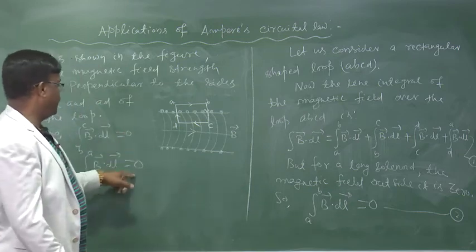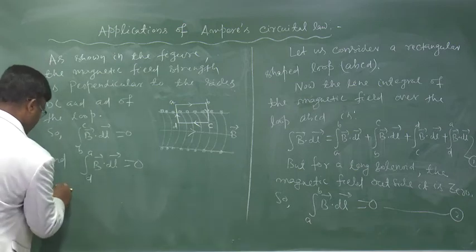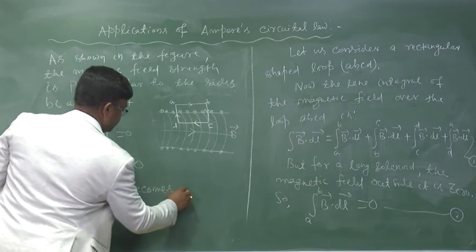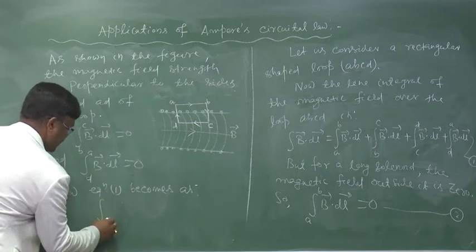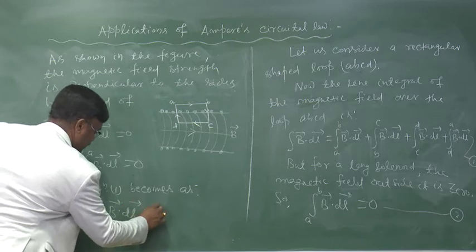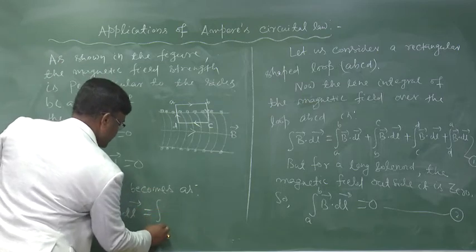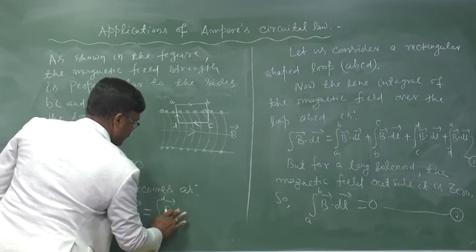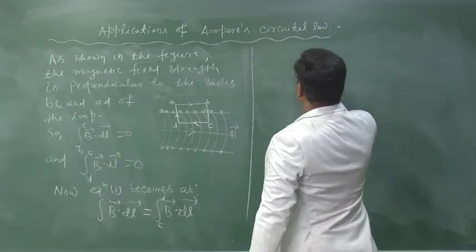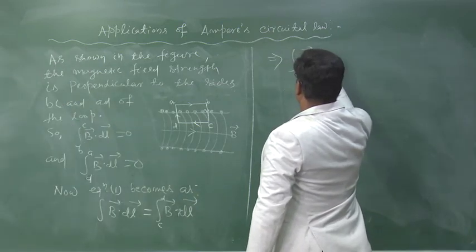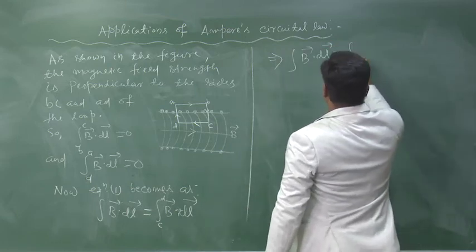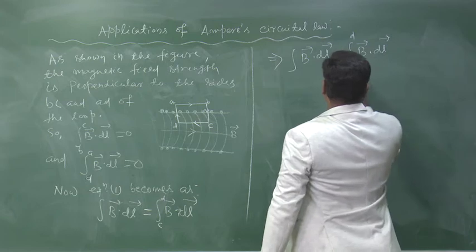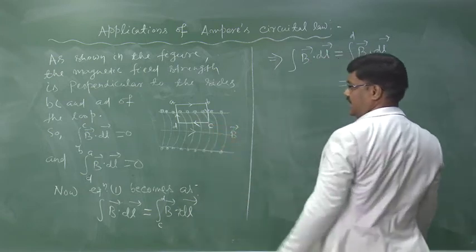Now, putting these values in equation 1, it becomes integration B vector dot dl vector equal to integration only from C to D, B vector dot dl vector, which is equal to integration B dl cos theta, and theta is equal to 0 degrees.